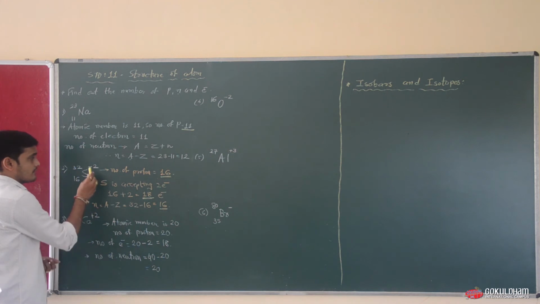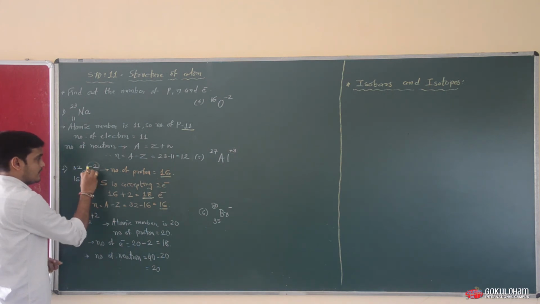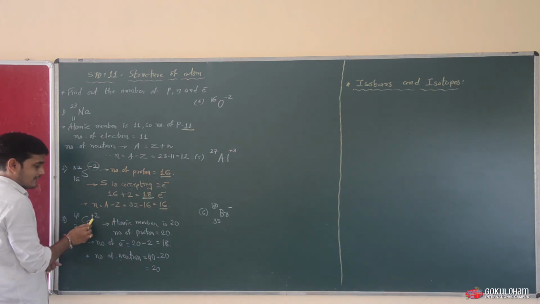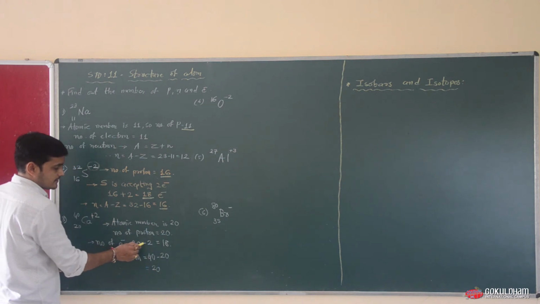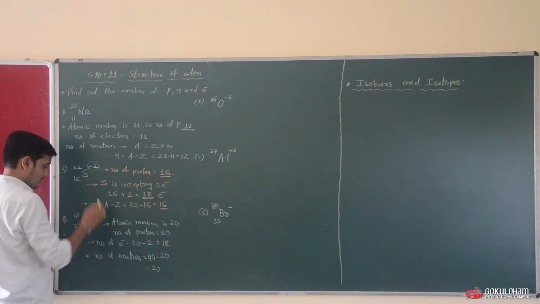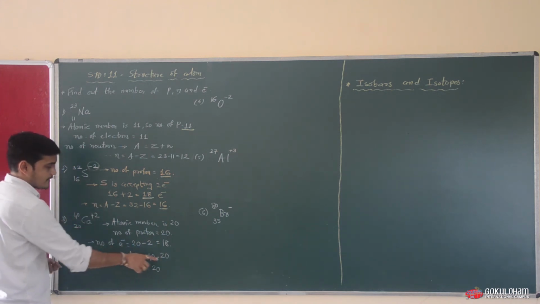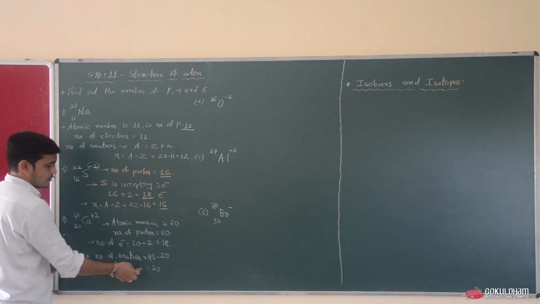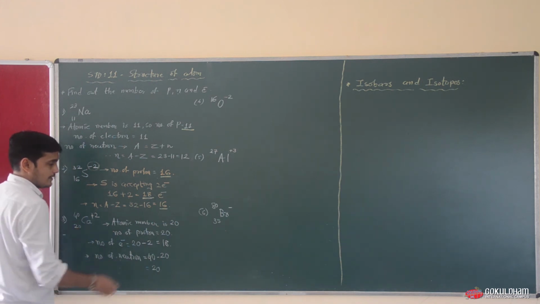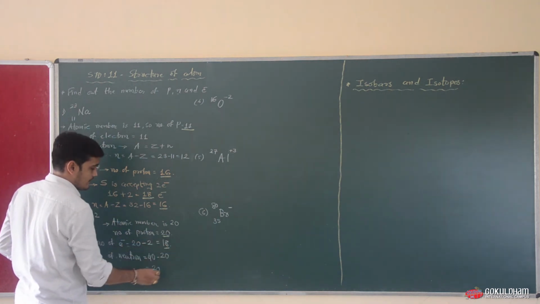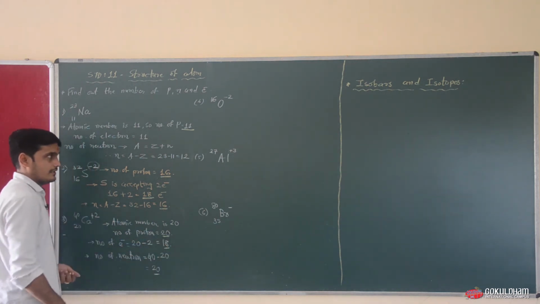Remember one thing, when your ion is minus, addition of electron takes place, and when your ion is positive, subtracting of electron takes place. Number of neutron, A is 40 and Z is 20, so our neutron will be 20. So here our three numbers, proton is 20, electron 18 and neutron 20.